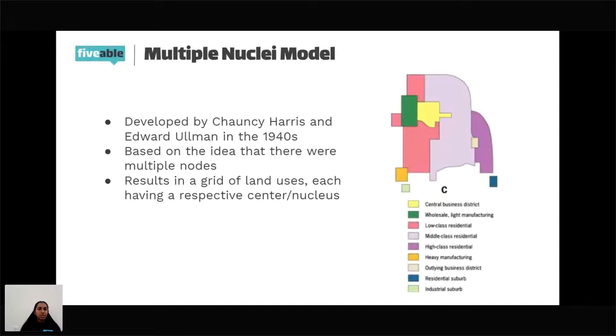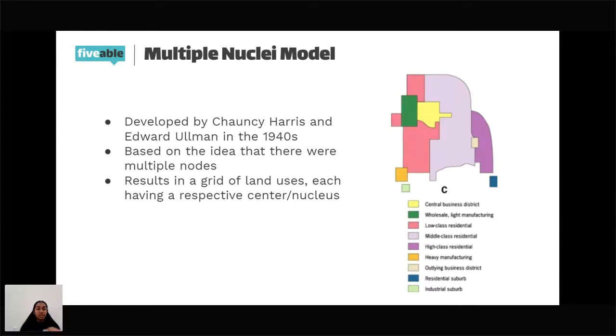So these industrial zones around the central business district also have the high density, low quality housing, while this light tan outlying business district is surrounded by business parks and universities and the nicer things. That's basically the concept of the multiple nuclei model, that there are more than two centers of business.